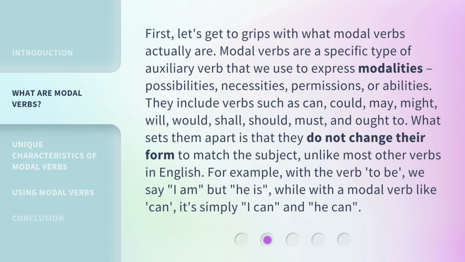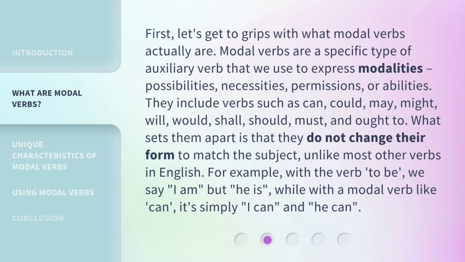First, let's get to grips with what modal verbs actually are. Modal verbs are a specific type of auxiliary verb that we use to express modalities, possibilities, necessities, permissions, or abilities. They include verbs such as can, could, may, might, will, would, shall, should, must, and ought to.